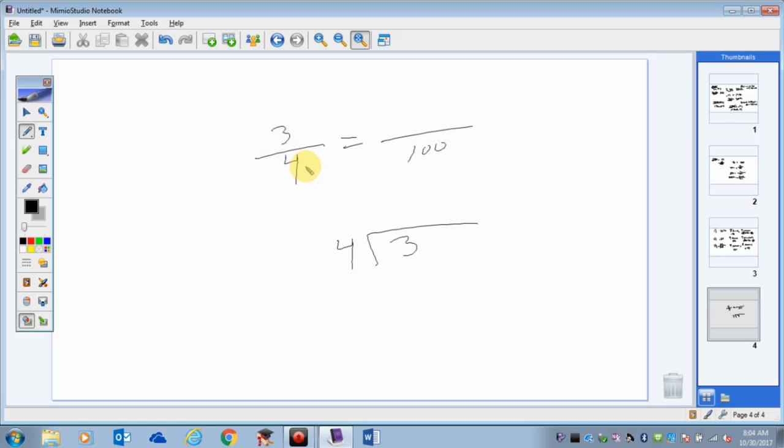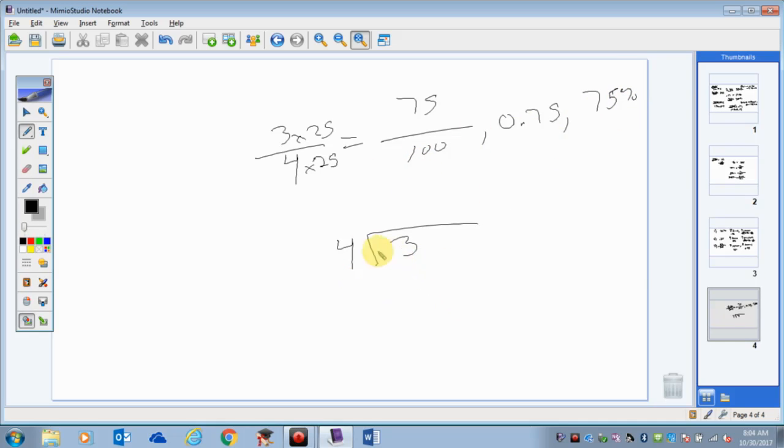So if I do this method, it would be 4 times 25 and 3 times 25. That would be 75 over 100, which would give me 0.75 and 75%. All of those are equal. They're just written in different forms.